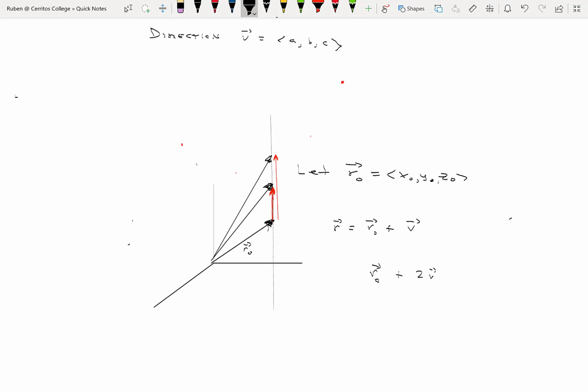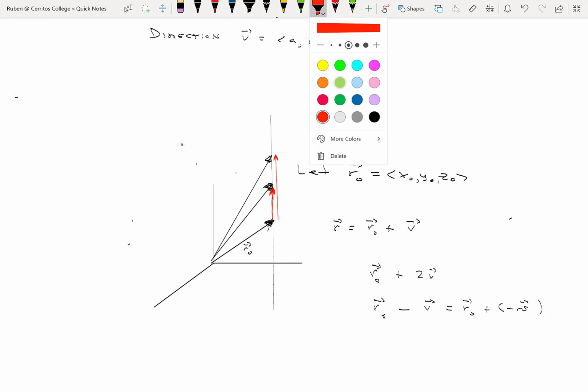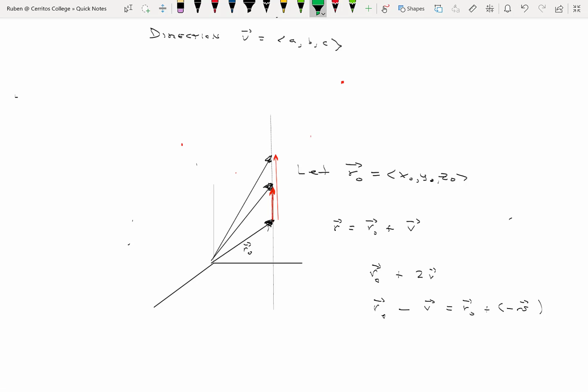So what if I had r naught minus v, which is the same thing as r naught plus the opposite of v? Well, I think I ought to change colors for this now. So at the point x naught, y naught, z naught, I'm going to draw the vector downward of negative v.